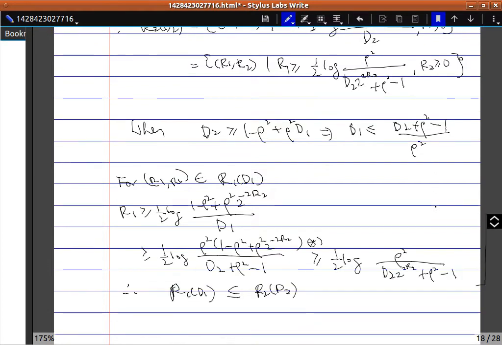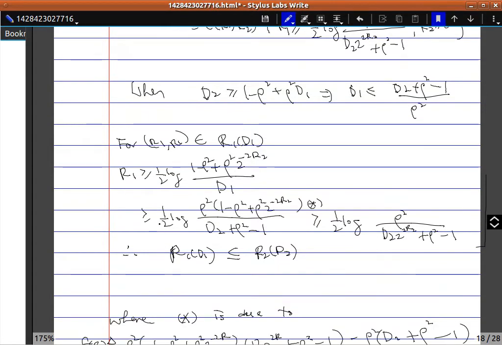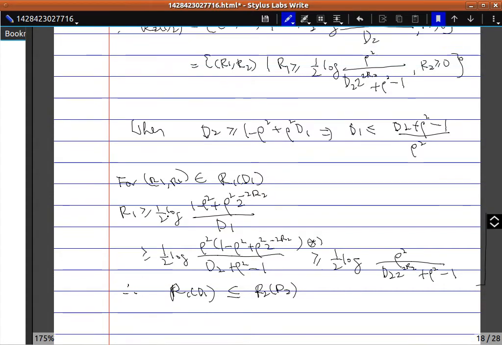Now for any point in R1 D1, we will have R1 has to be bigger than or equal to that. That's the condition for a point to be in R1 D1, and it will be bigger than or equal to this here. Here we just use the condition here, because D1 is less than or equal to that.